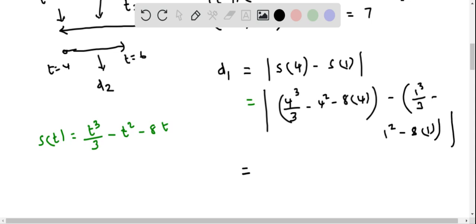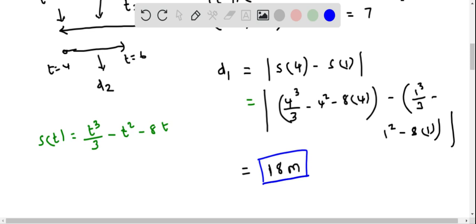We simplify this using the calculator, and we get some value inside the absolute value. Finally, we take its absolute value; if it comes negative, we have to take the positive. So when we plug this in, we finally get the distance d1 as 18 meters.